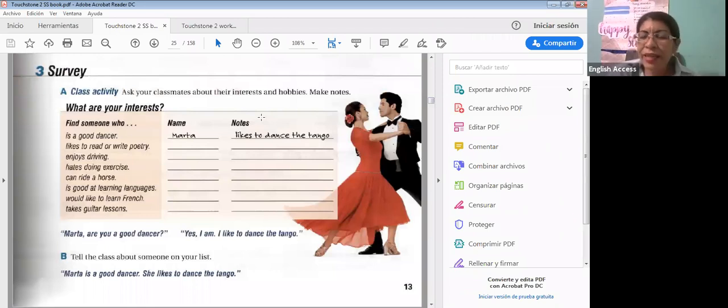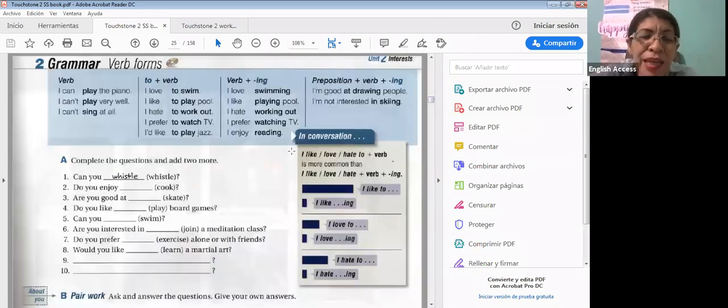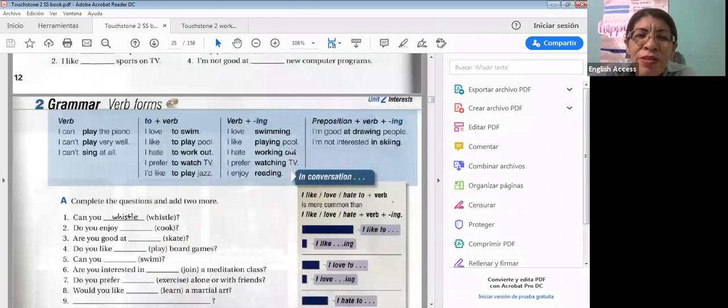In lesson A, we were talking about hobbies, and we were using verb forms. Remember, we can use some verbs like love, like, hate, and prefer with the preposition to plus verb, or just with a verb with ing.